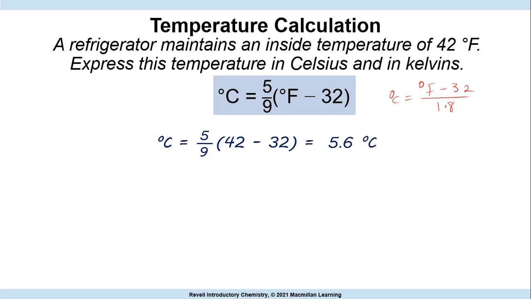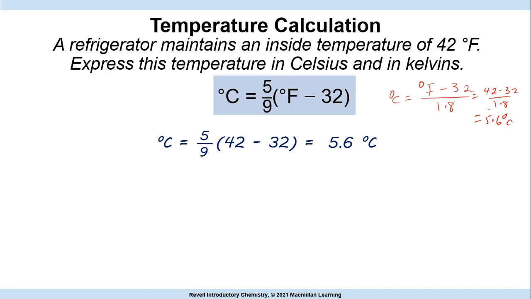That gives you a value of 5.6. If you were to use the other formula, it's 42 minus 32 divided by 1.8, and that is going to give you the same 5.6.